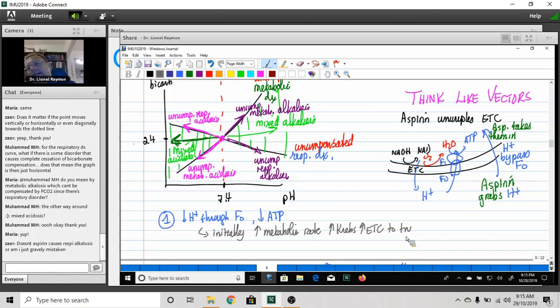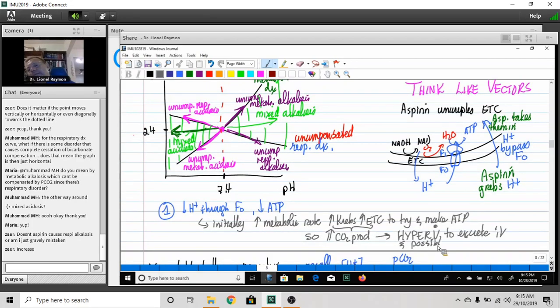There'll be increased CO2 production, which therefore will cause hyperventilation to excrete it, and possibly for the first 30 minutes or so get respiratory alkalosis. Is that okay, Zaire? That's number one.